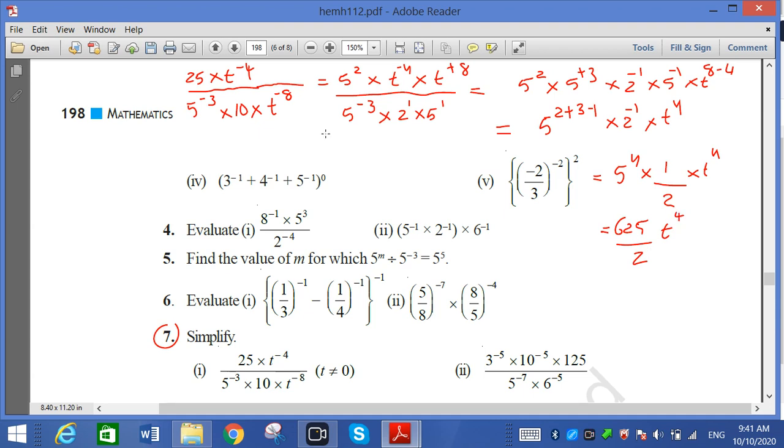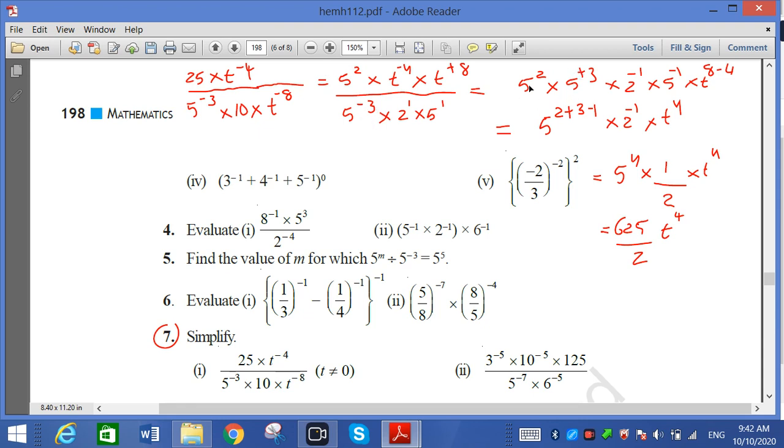Again I explained: 25 multiplied by t the power minus 4 divided by 5 the power minus 3 into 10, that is 2 into 5. So I have to write 2 into 5, t the power minus 8, and moving up it becomes t the power plus 8. Here t the power minus 4, 5 the power 2. First of all, everything below I have to shift up, so the sign changes.